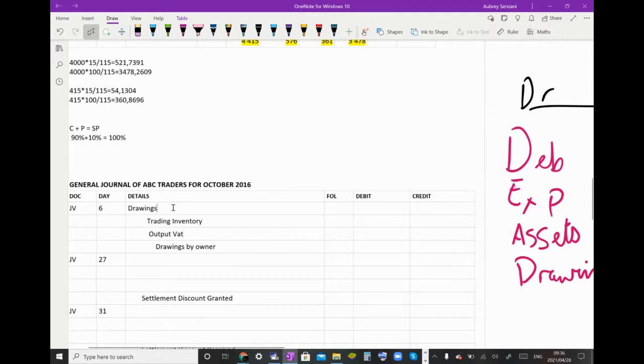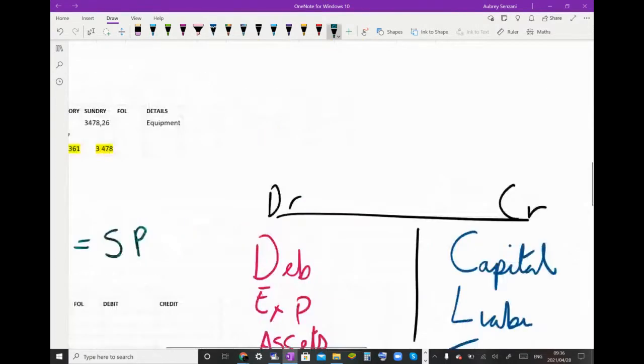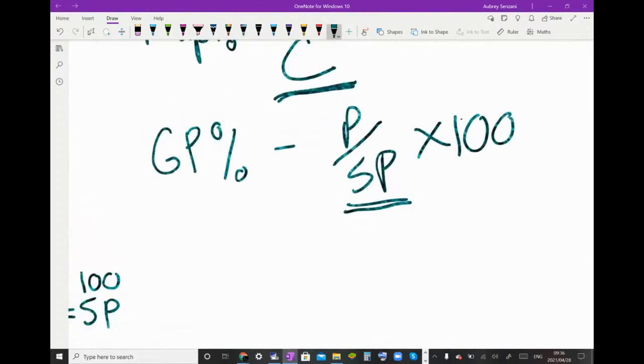So we then need to say to ourselves, okay, let's quickly draw a model. Here they tell us gross margin 10%. So we need to draw a model. And what do we already know? Since this is gross margin, and they didn't tell us whether it's on cost price, remember, the formula is profit over selling price.